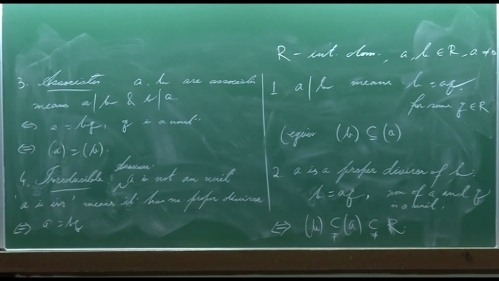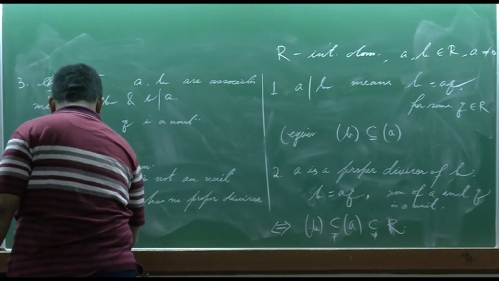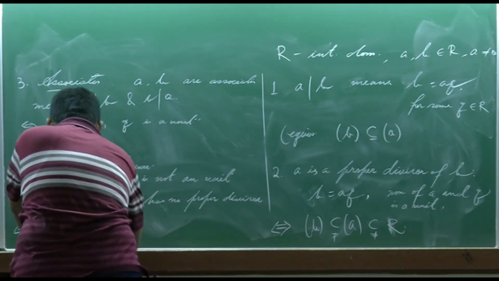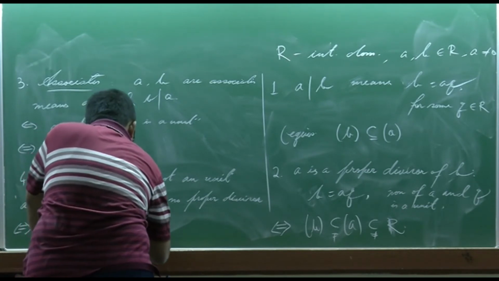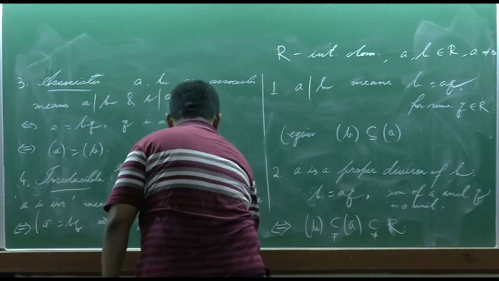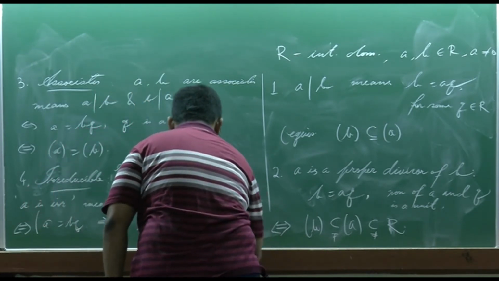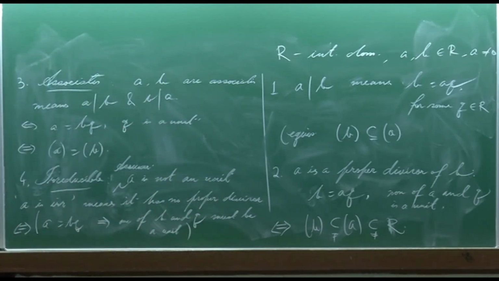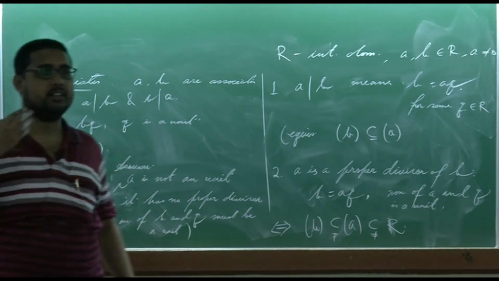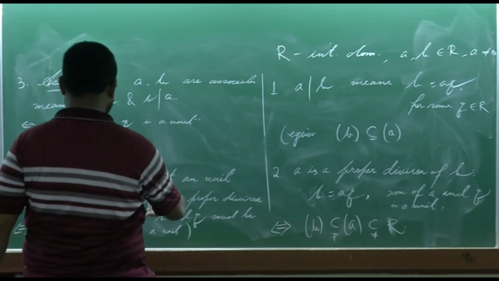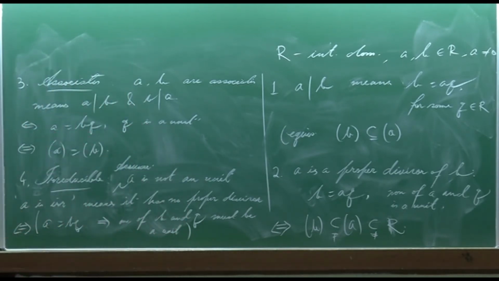So, therefore, it immediately says that one of B and Q must be a unit. So, in other words, the only divisors of A are the units and associates.